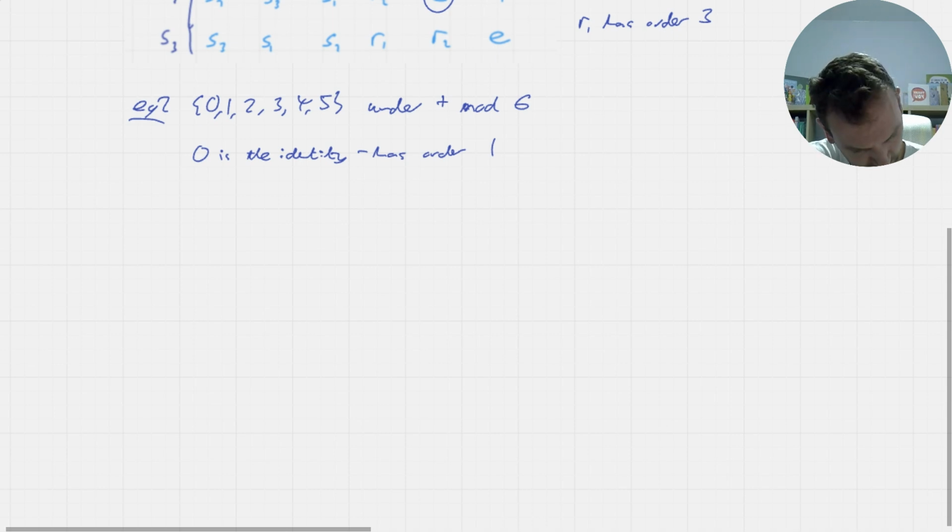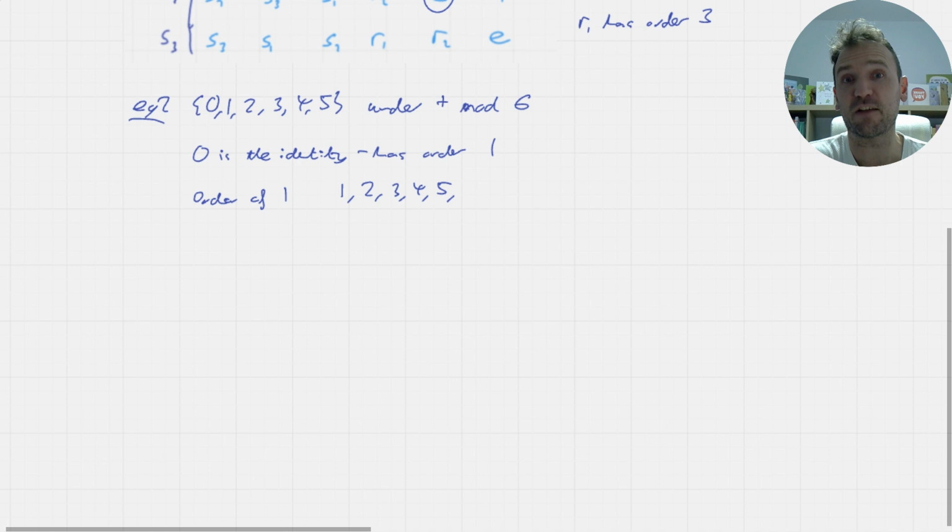Now, the order of 1. Let's think what happens when we do 1. This is where our power notation is a little bit confusing, because when I say 1 to the power 2, I really mean 1 plus 1, and then 1 plus 1 plus 1. So we start with 1. The next time, if we do 1 plus 1, we get 2. 1 plus 2, we get 3. 1 plus 3, we get 4. 1 plus 4, we get 5.